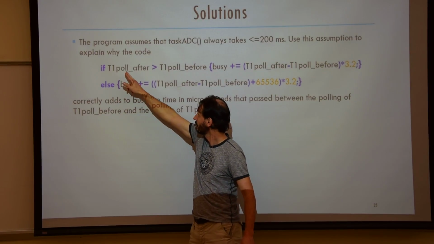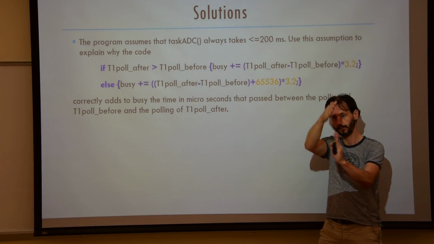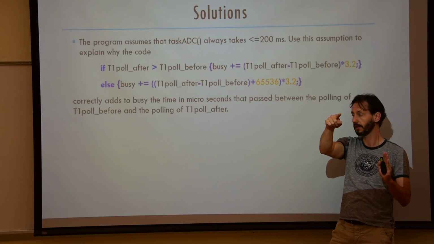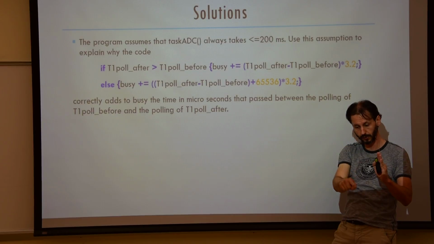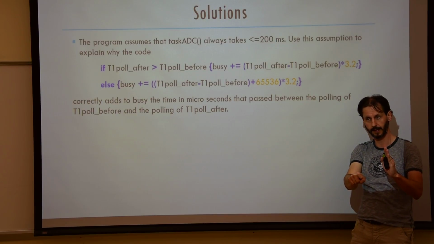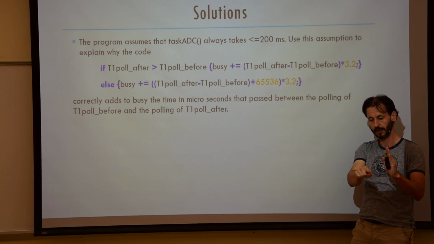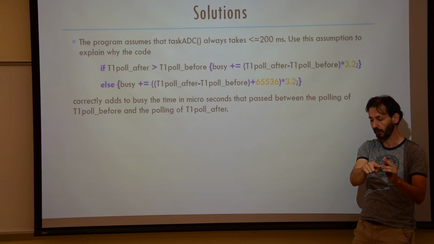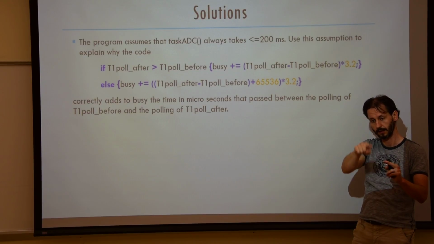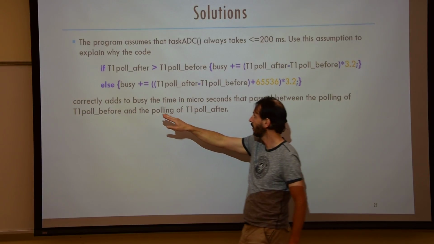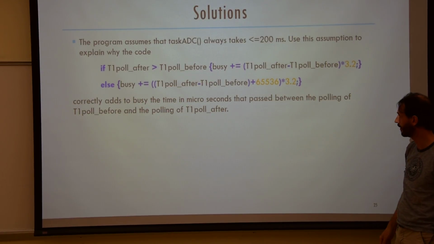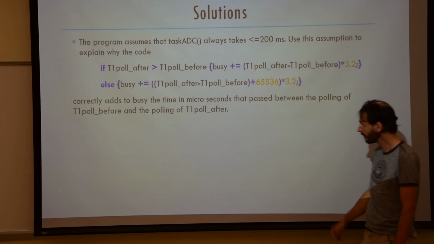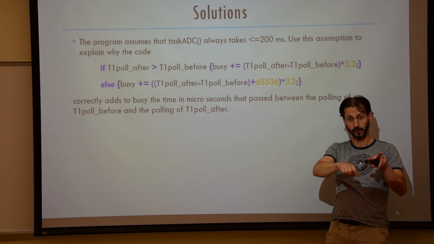But else, well, what happens now? You have the sawtooth like this, you have a T1 pulse before, and you go through the clearing of the TCNT1 counter back to 0, and then you measure T1 pulse after, and that's the reason why T1 pulse after is going to be less than T1 pulse before. So that means that you need to make a correction.